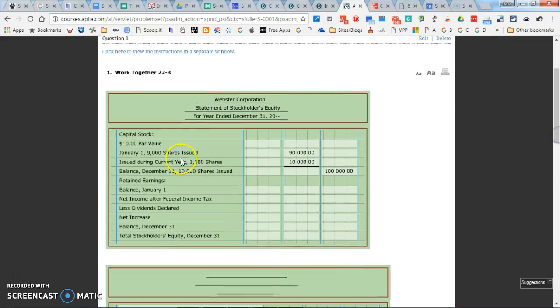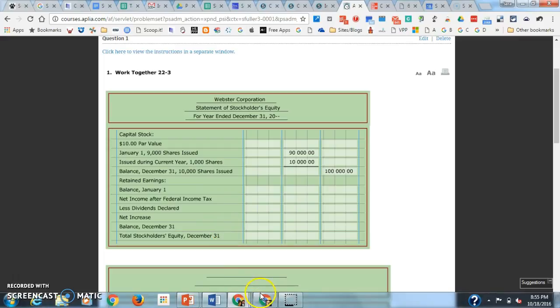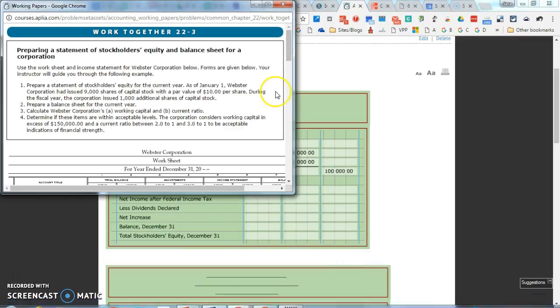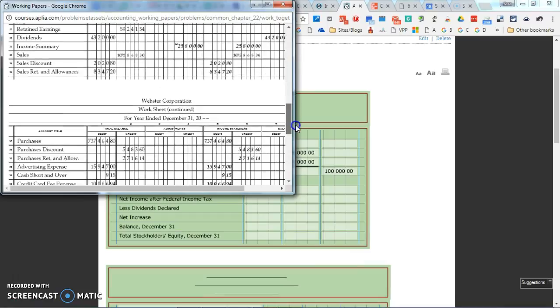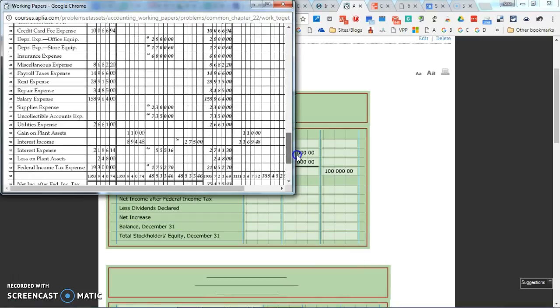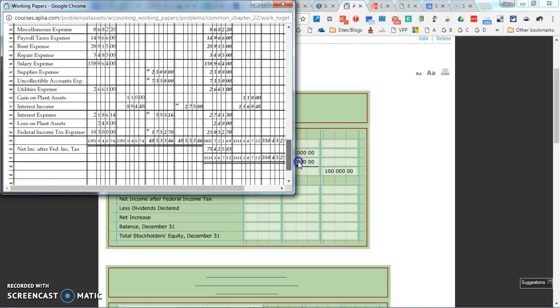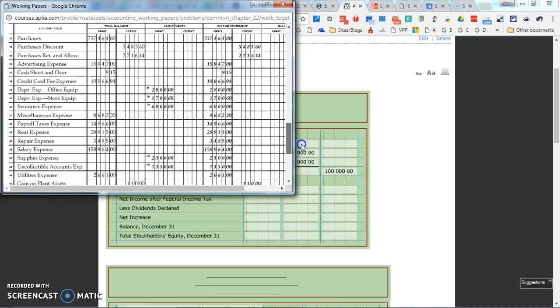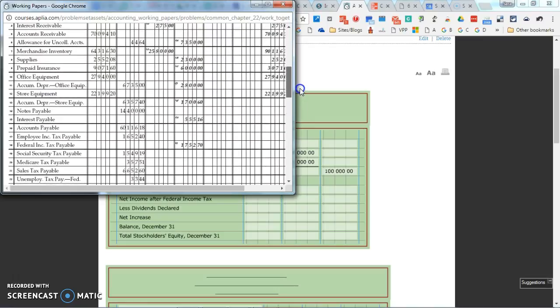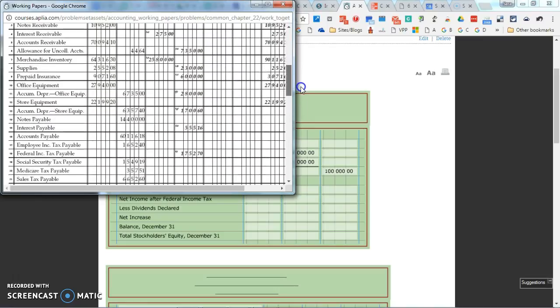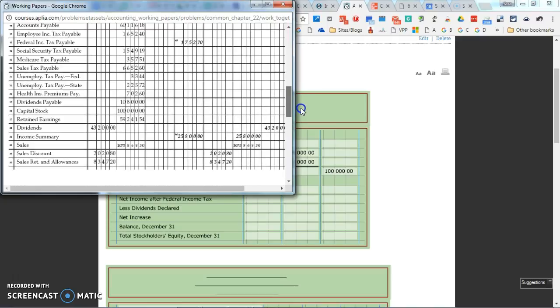And then we have our retained earnings. So first our balance for January 1st. And this will come from retained earnings here.